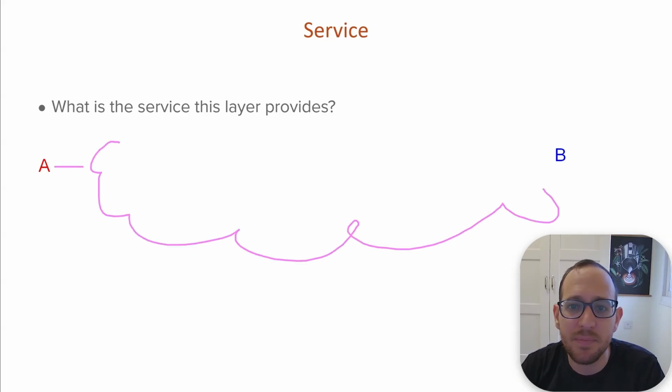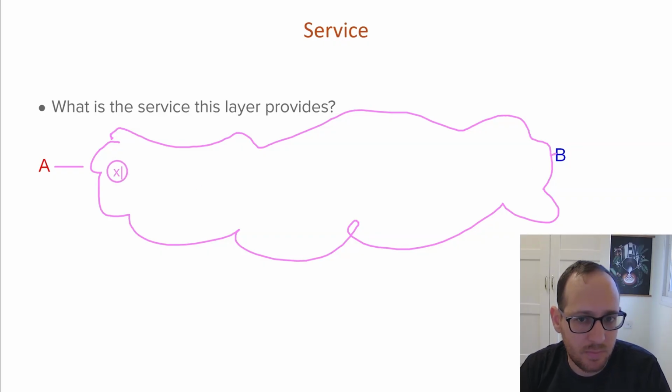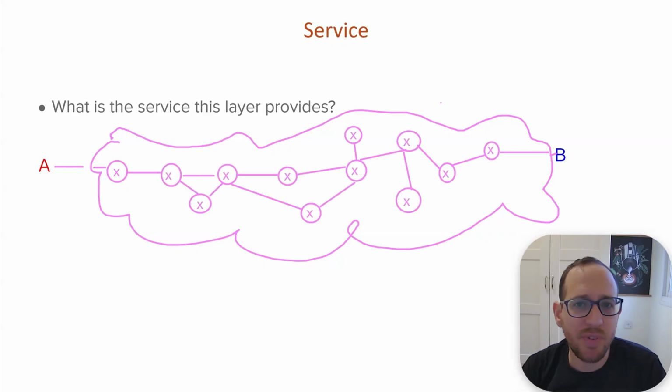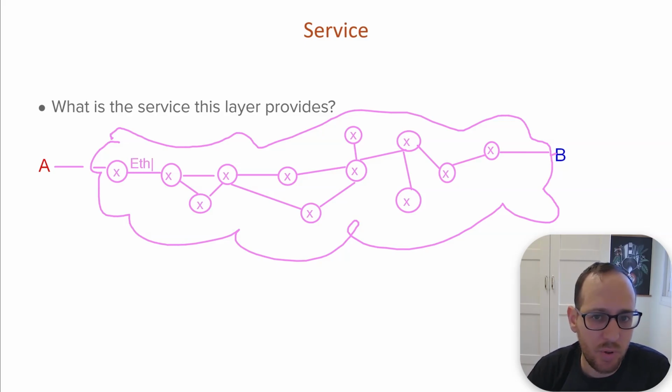Everything here is unknown. So here we might have lots of things. We might have routers. We have a bunch of different routers, and within every link, we might have different protocols. So again, it could be Ethernet here, and it could be Wi-Fi here.